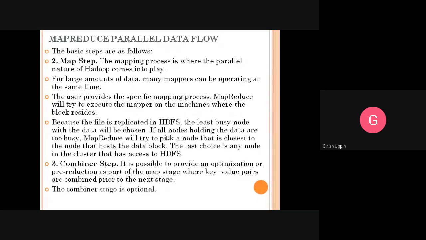Then you can have a combiner step that will combine certain things at a higher level compared to the map step output. So in those cases where it is suitable to have a combiner, we can have one. Otherwise, we need not have the combiner step.